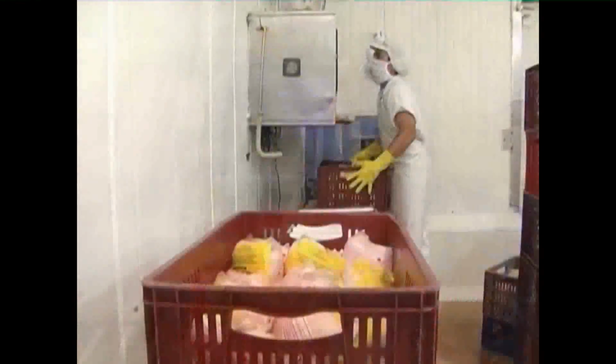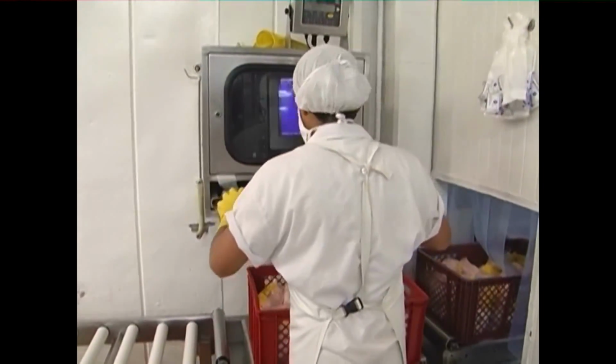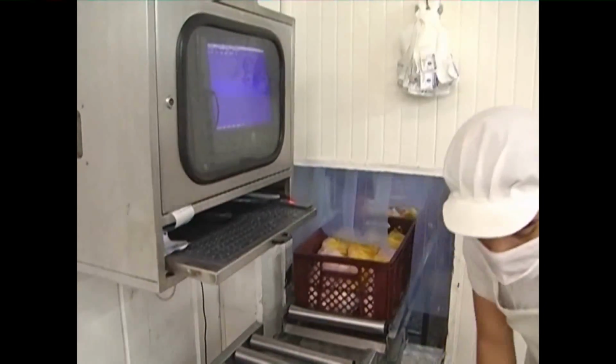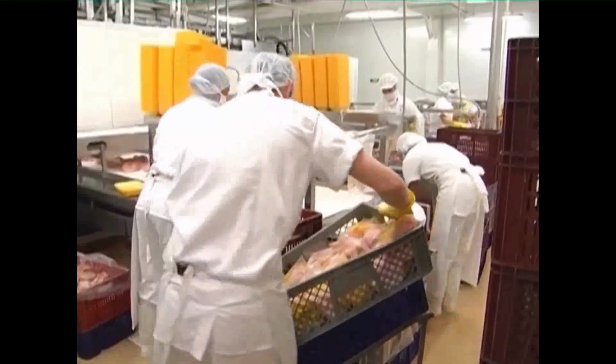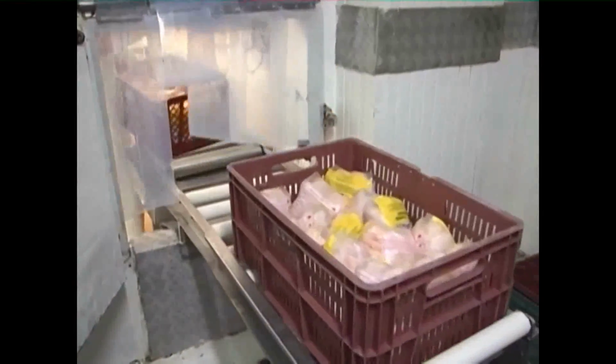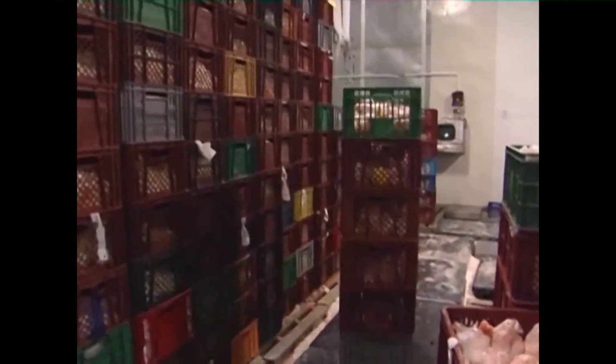After packaging, they enter a tunnel where the temperature is reduced from 4 degrees Celsius to 0 or minus 2 degrees Celsius. The chicken sold as fresh is taken to the warehouse for distribution, and the chicken that's going to be frozen will stay another 16 to 20 hours until it reaches minus 18 degrees Celsius.